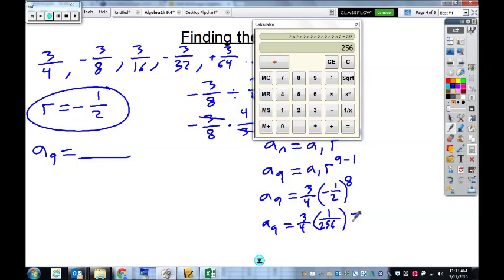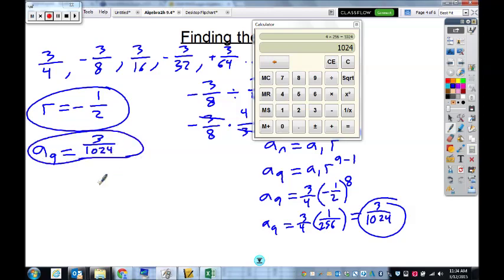Now I'll multiply and get 3 over 4 times 256. That's better. Okay, so a sub 9 is 3 over 1024. Sorry about that.